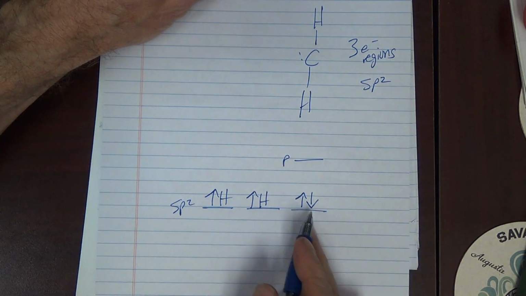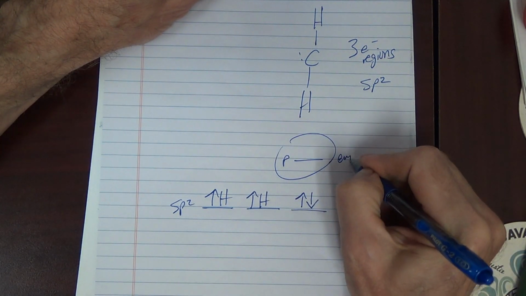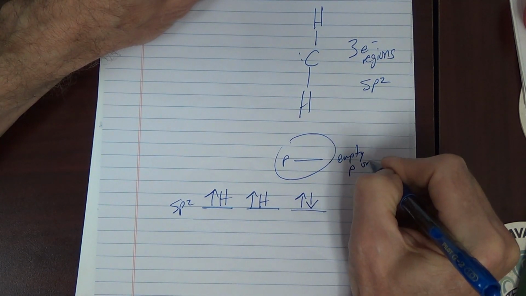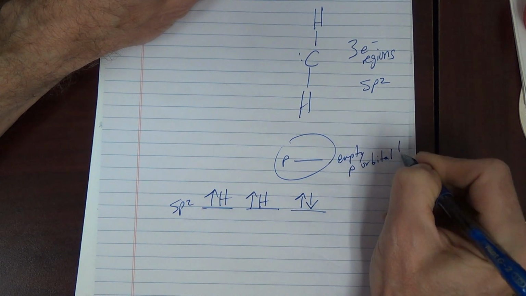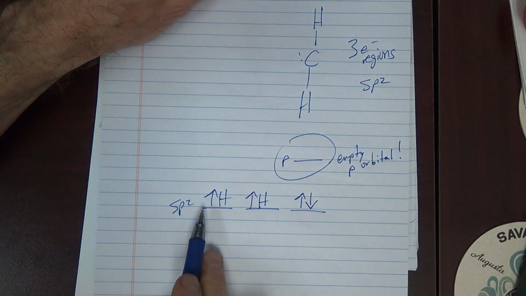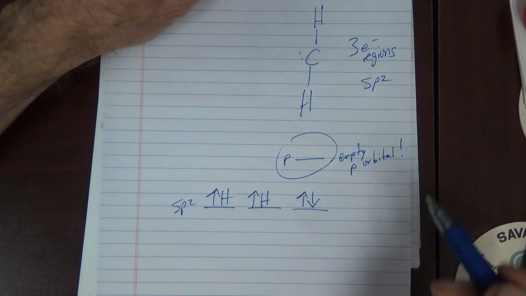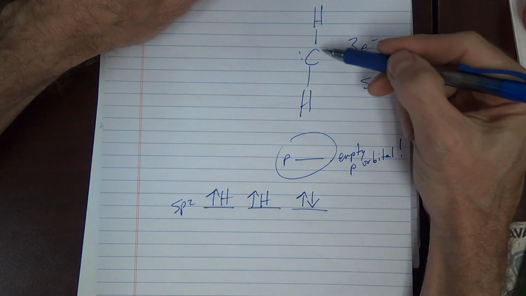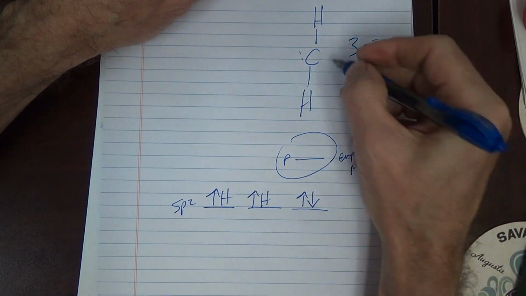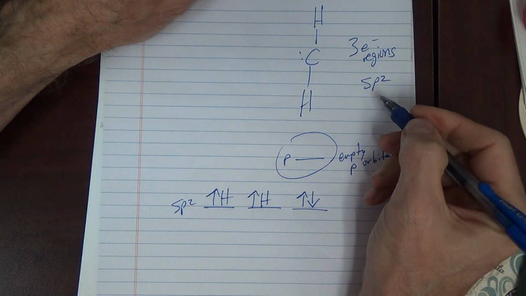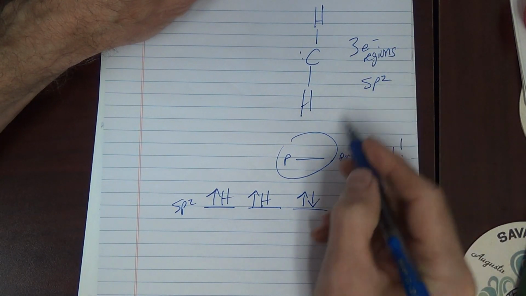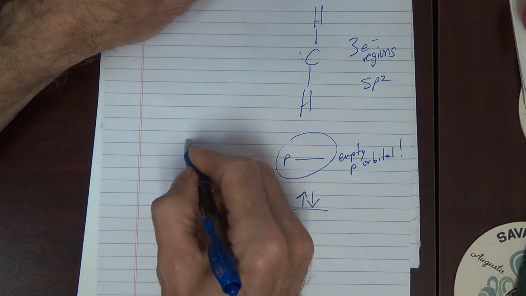You see it's neutral. And we have an empty p orbital. No octet. It only has 2, 4, 6 electrons. This carbon would actually like to get, even though it's neutral, electrons to fill its outer valence shell.